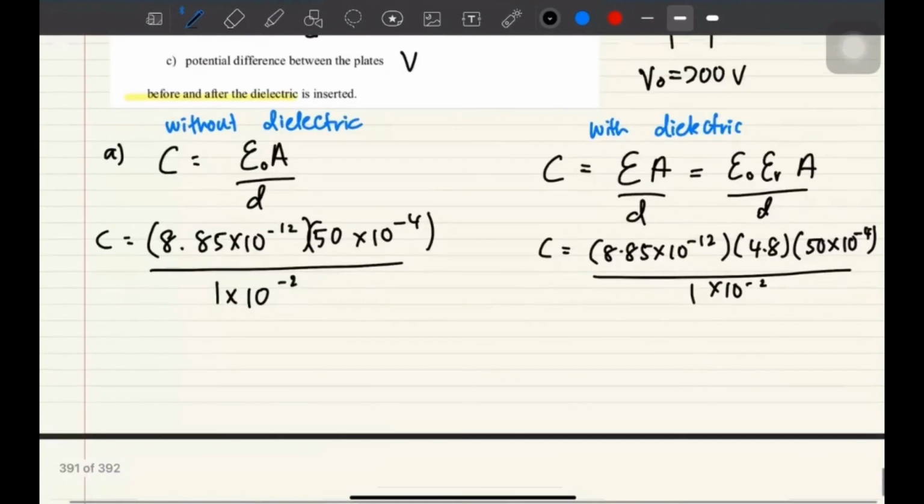Now just have to press your calculator. C sama dengan... Nampak here is 4.43 times 10 negative 12.